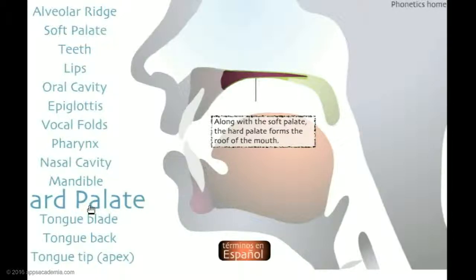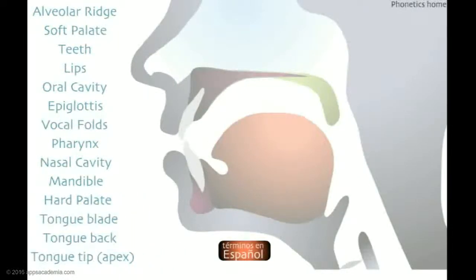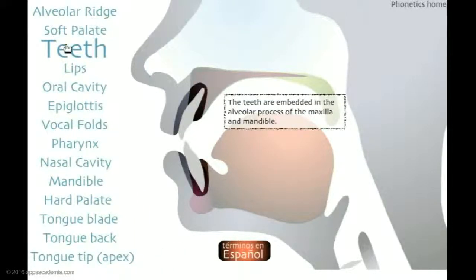Imagine you're picking up a heavy weight and suddenly releasing it. This is called the glottal stop. The vocal cords actually spring apart. Try this a few times.